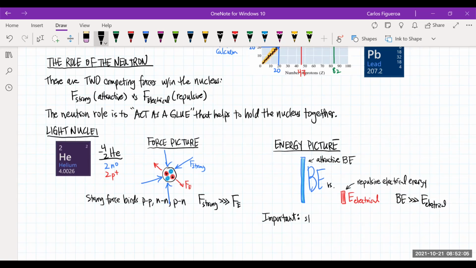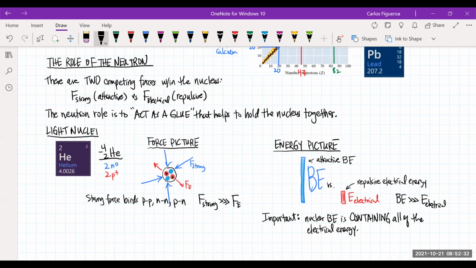So the strong or the nuclear binding energy is containing all of this electrical energy.